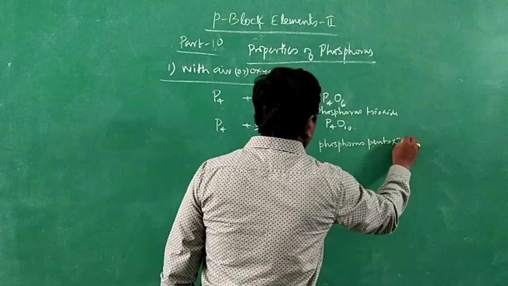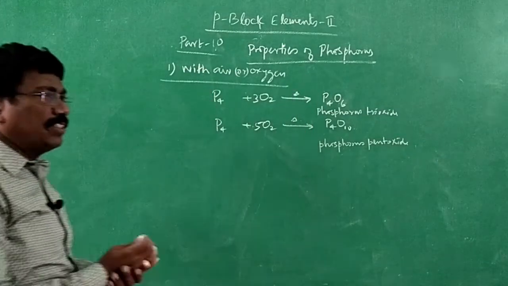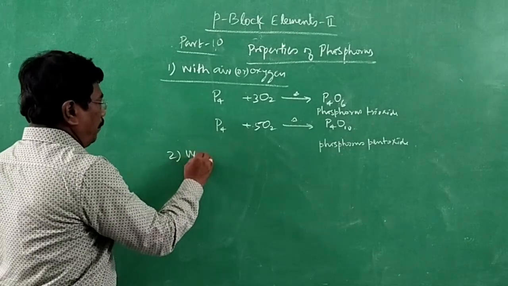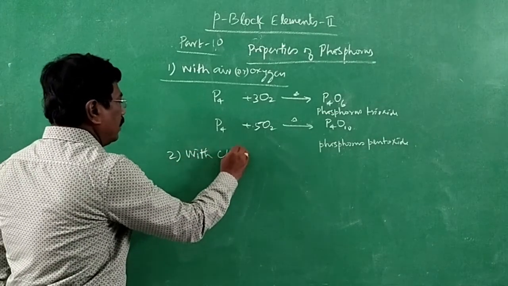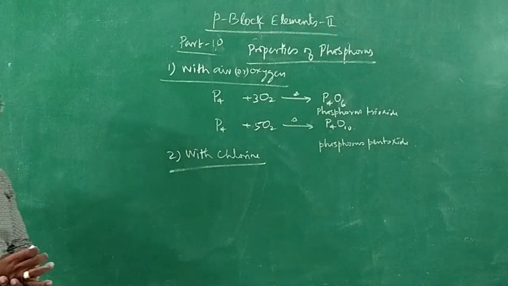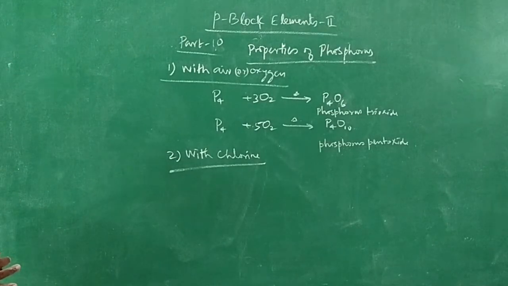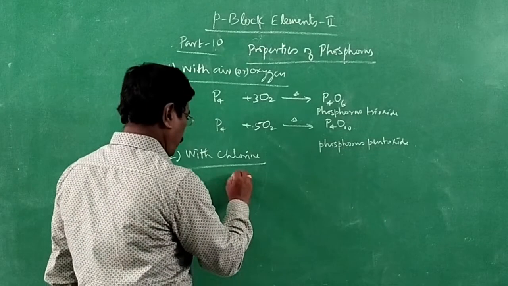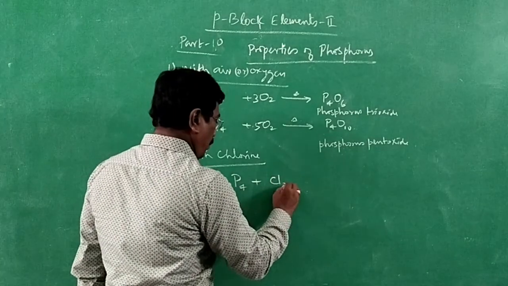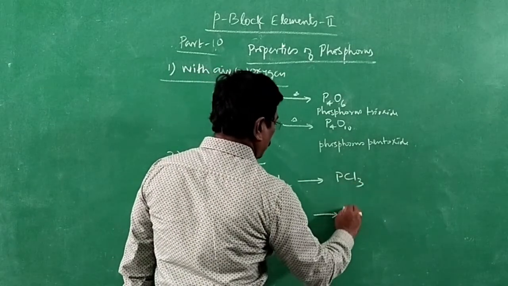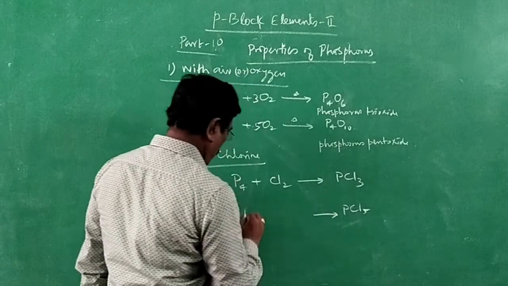All right. The next reaction is with chlorine. Again, it has to be heated with chlorine. When phosphorus is heated with chlorine, it forms trichloride and pentachloride, PCl3, PCl5. Phosphorus trichloride, phosphorus pentachloride.